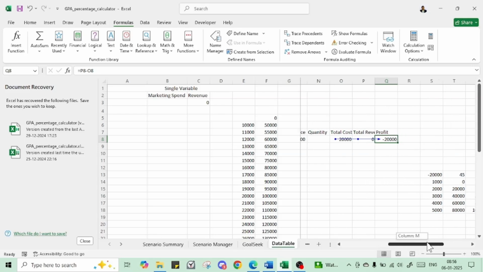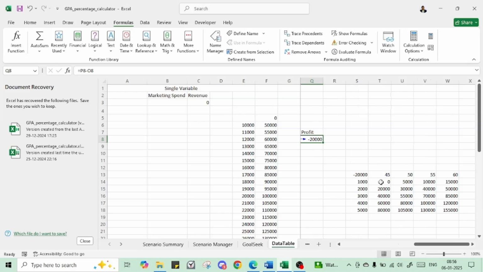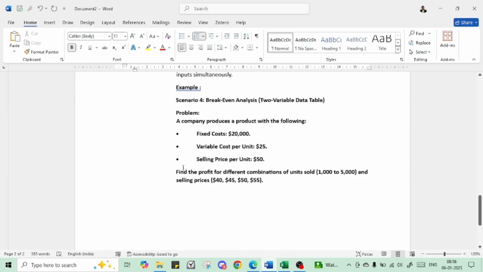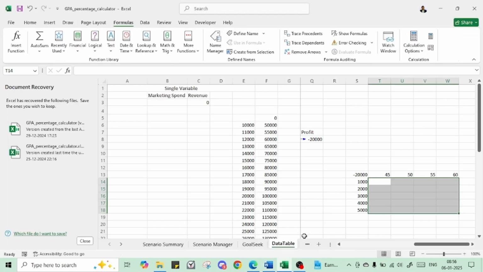Okay, now the question asks this: find the profit for different combinations of units sold, 1,000 to 5,000 units, and selling prices $40 to $55. 40 to 55, right?